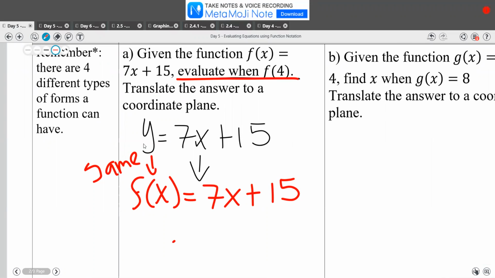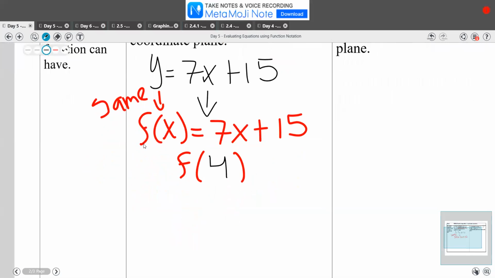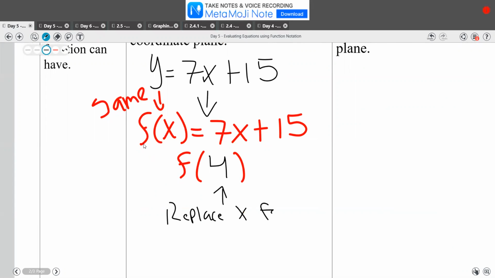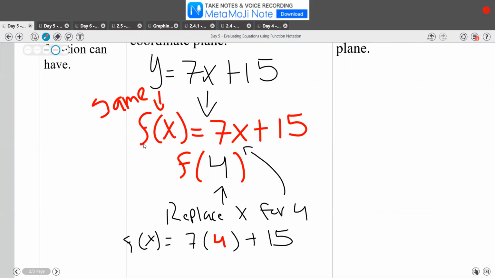So it's telling us f of 4, which means to replace x for 4 into that equation. So we're going to take our equation, which is going to be f of x equals 7x plus 15, and x is going to be 4.